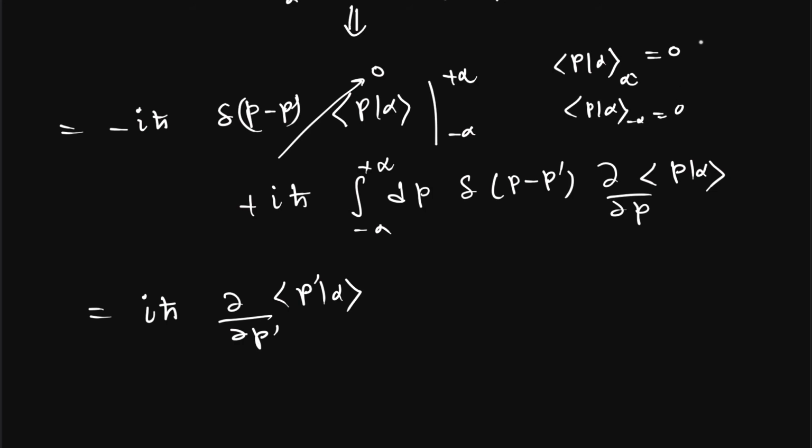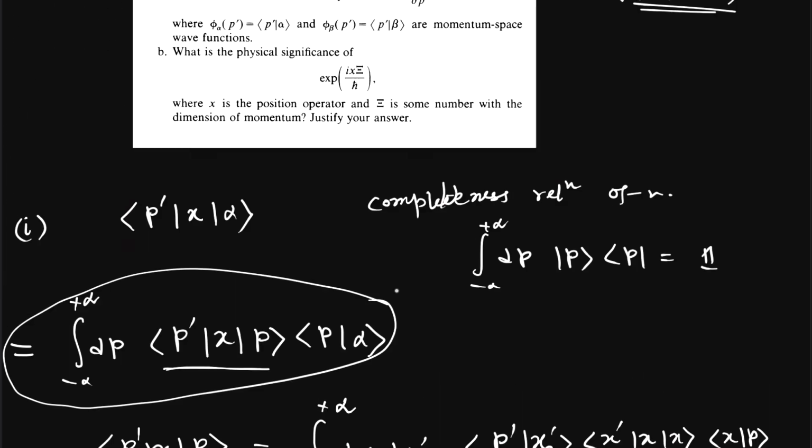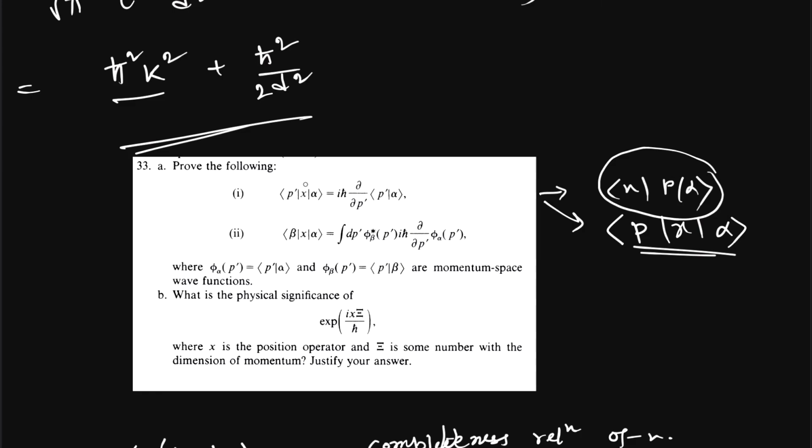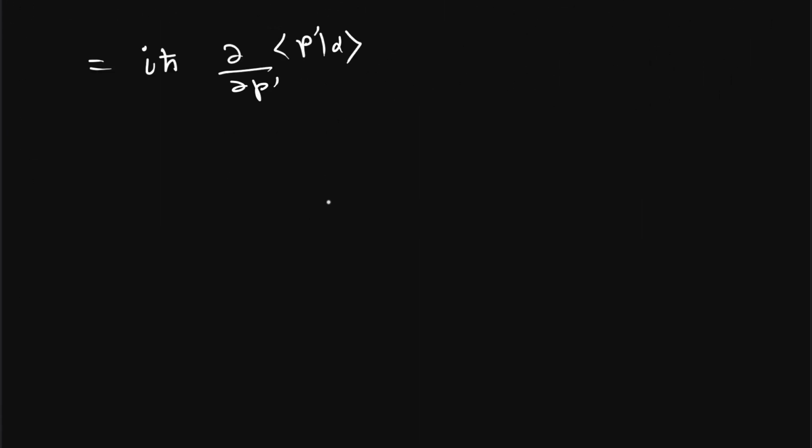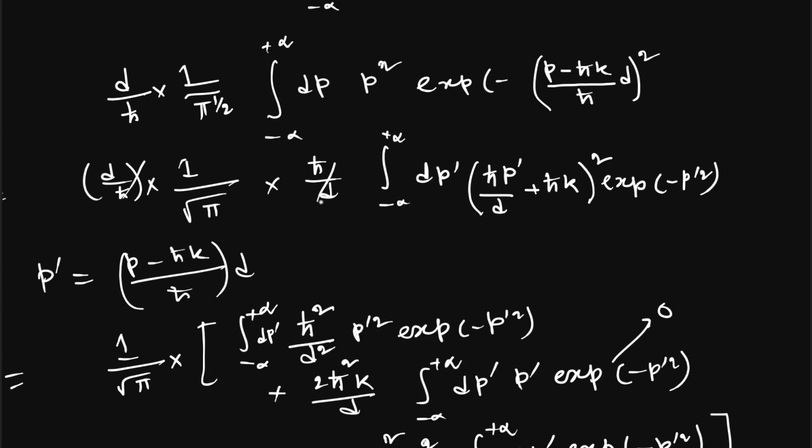Since we have assumed that α is a wave function, it should go to 0 at plus infinity and minus infinity to remain normalized. So we have proved that p′ x α is equal to iħ p′ α.